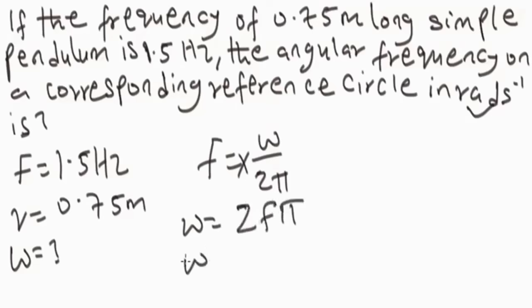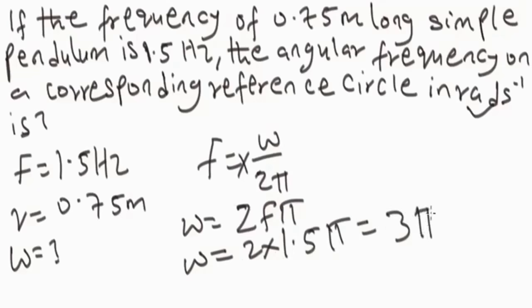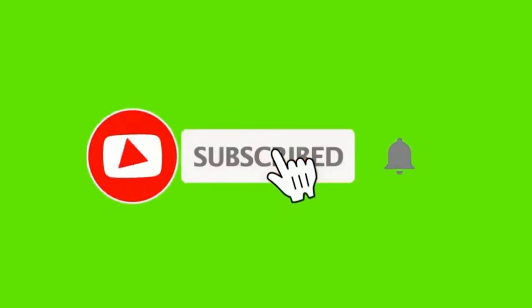So when you substitute, angular frequency will be 2 times pi times the frequency, 1.5. When you simplify it, you're going to have 3 pi radians per second. So this will be the angular frequency. So guys, this is how you can solve problems involving circular motion and simple harmonic motion in physics. I hope I explained everything easily for you. And with this comes the end of the class.